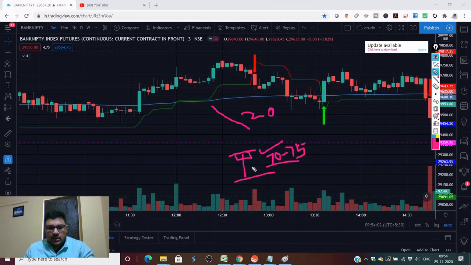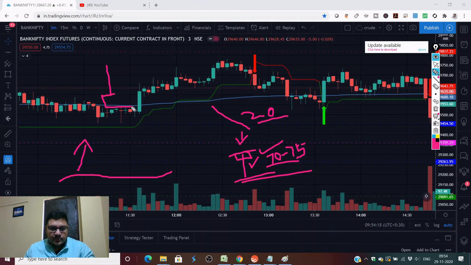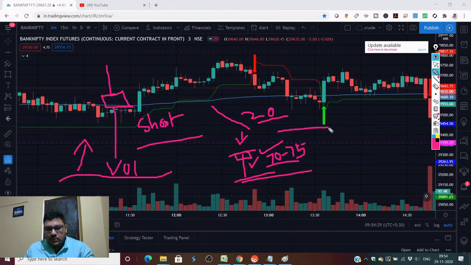If the price is far below the moving average and you get this candle, you go long. If the price is far above the moving average and you get a candle like this with high volume, then you go short. Follow this basic rule and you will be able to make money in the market.